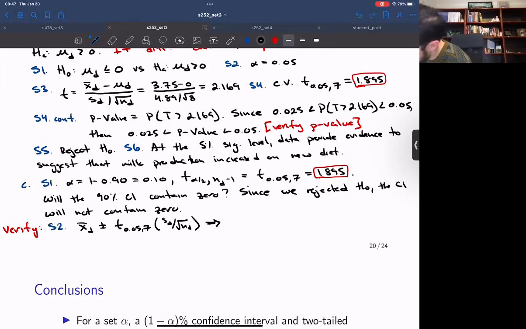So we're going to have 3.75 plus or minus 1.895 multiplied by 4.89 divided by the square root of 8.